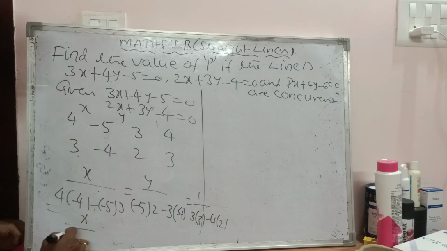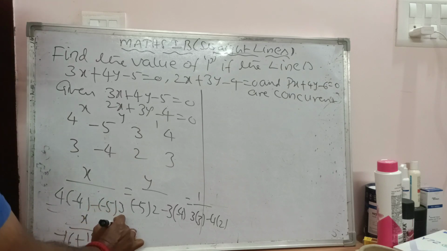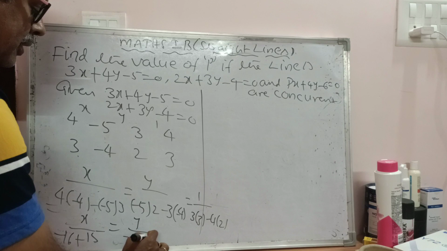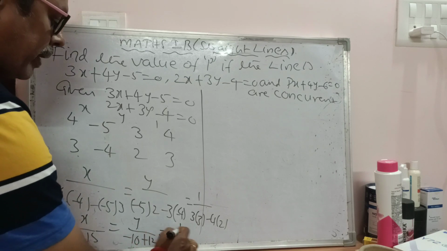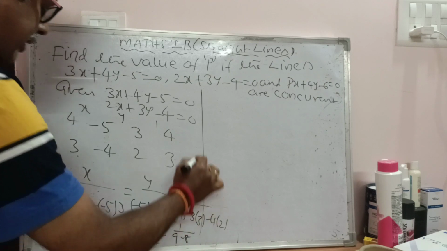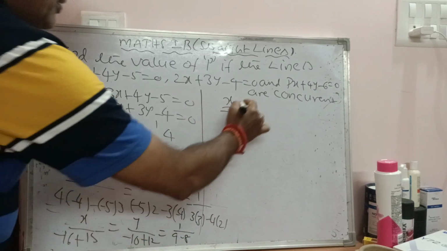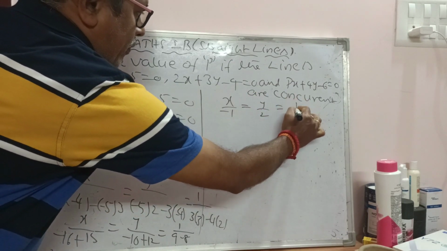So x by minus 16 plus 15, is equal to y by minus 10 plus 12, is equal to 1 by 9 minus 8. Therefore, x by minus 1 is equal to y by 2 is equal to 1 by 1.